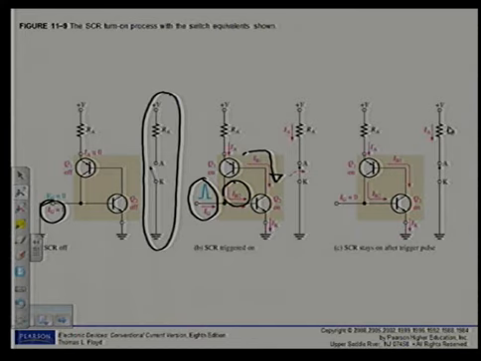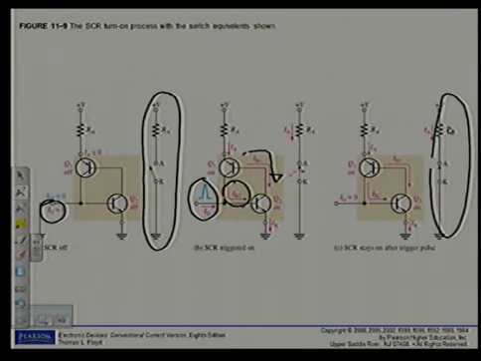In turn, Q1 sustains the saturated conduction of Q2 by providing IB2. Thus, the device stays on once it is triggered on, as shown in figure 11.9c. In this state, the very low resistance between the anode and cathode can be approximated by a closed switch, as indicated here in the last part.